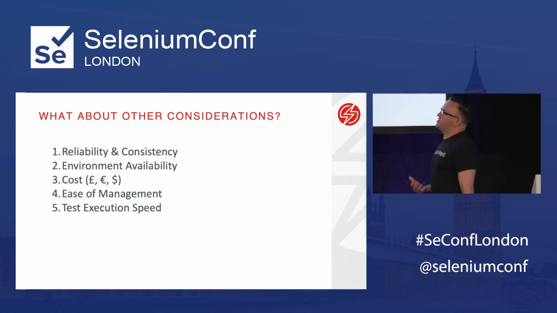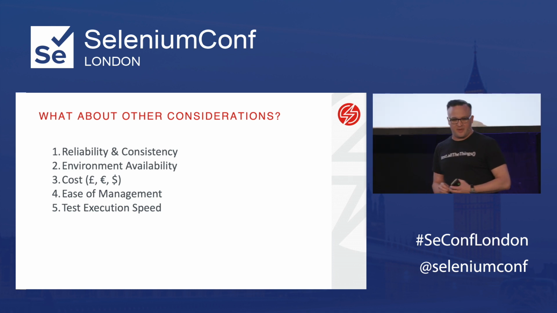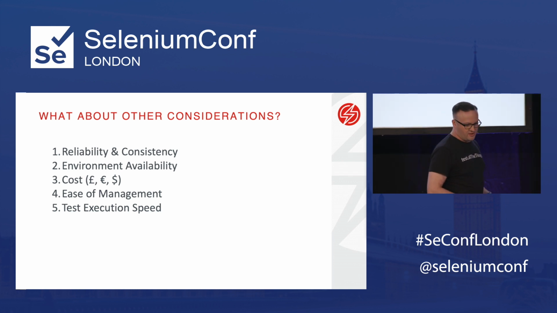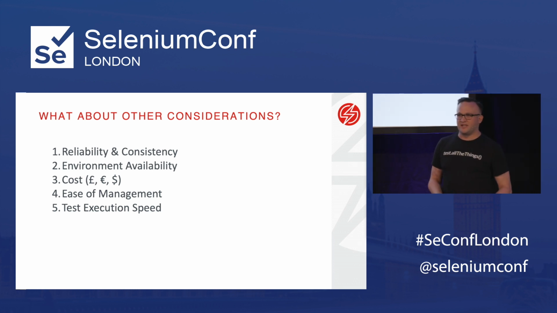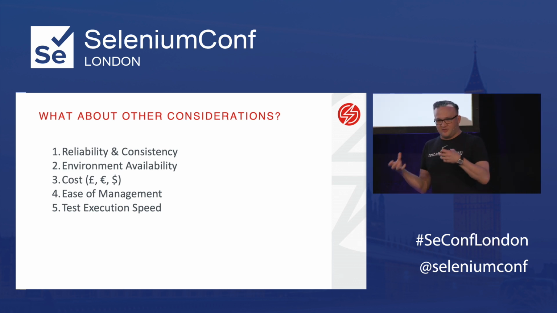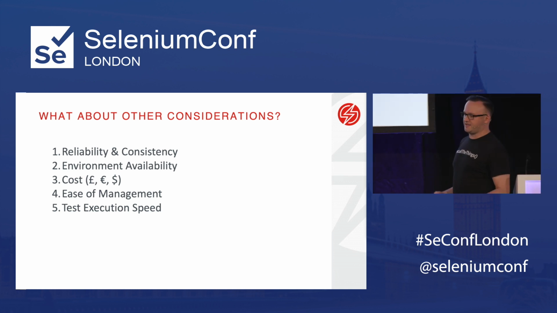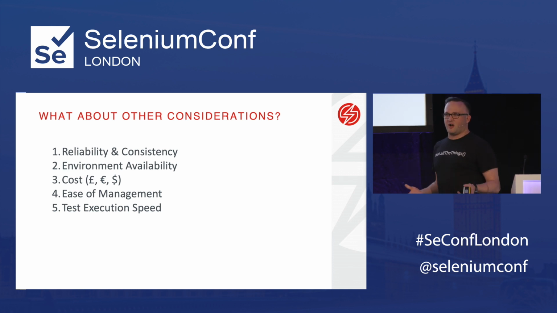But there's other considerations that we also need to make about what environments we should be testing our mobile website on. Are the environments reliable and consistent? Are we going to get the same results every time? Are they available? If you're trying to test on a real device plugged in via a USB cable to your laptop, that's clearly not a very scalable solution. What about cost?